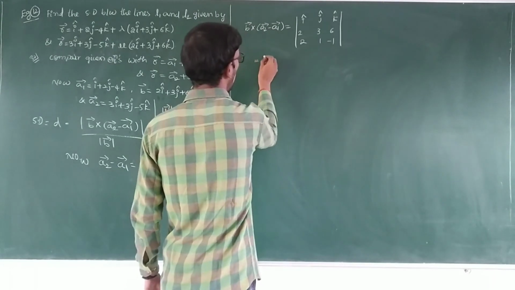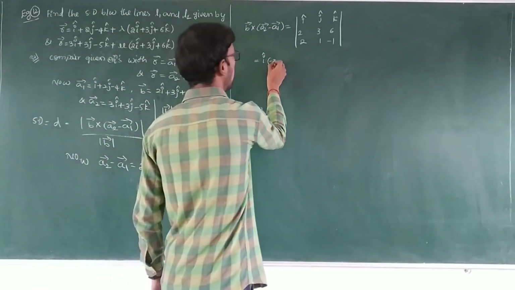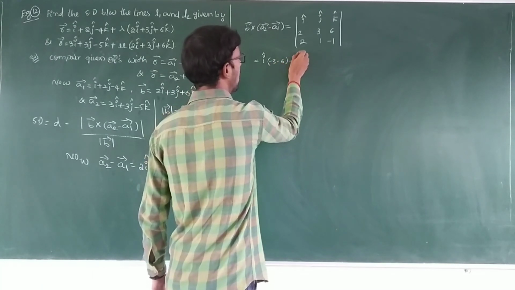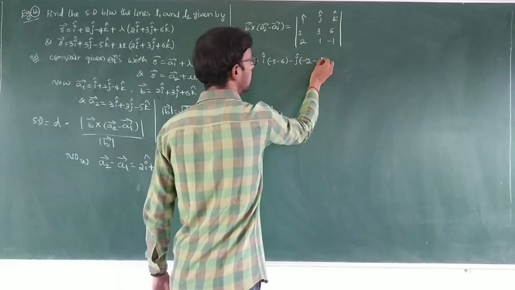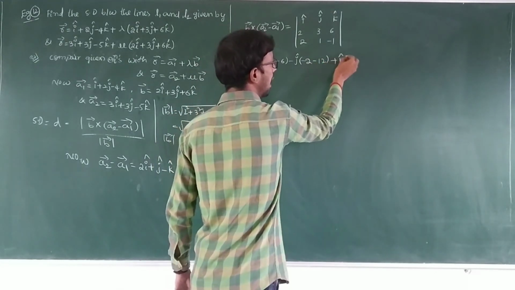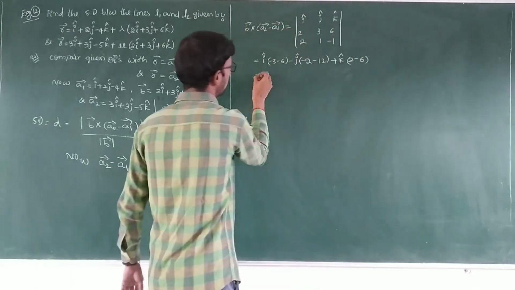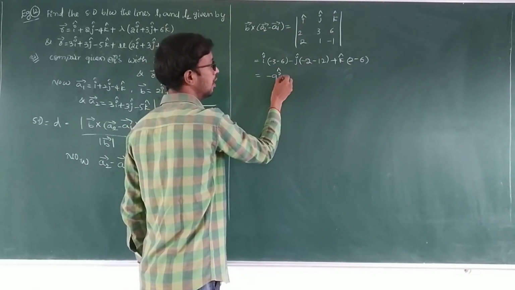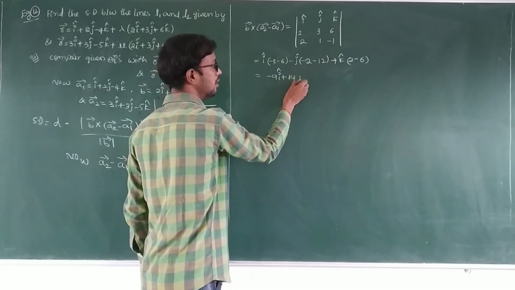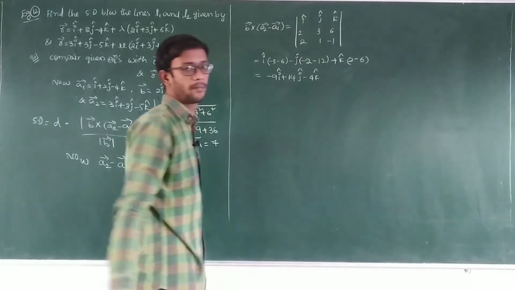So now i cap into minus 3 minus 6, minus j cap into minus 2 minus 12, plus k cap into 2 minus 6. How much is it? Minus 9 i cap plus 14 j cap minus 4 k cap.